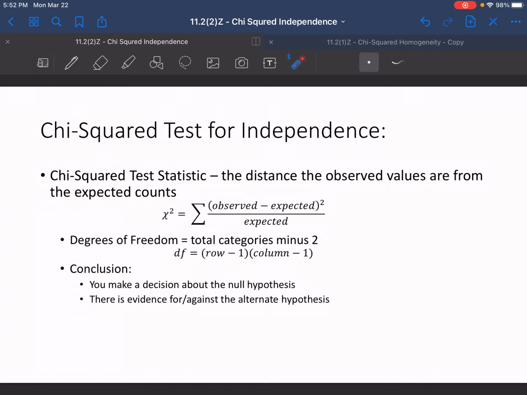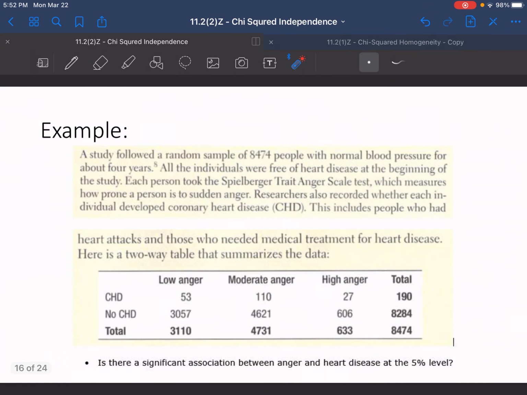Our degrees of freedom is another value that we need to find, and that's the row minus 1 times the column minus 1. That's going to give us our degrees of freedom. And then we need to conclude, or perform the last step. We need to make a decision about the null hypothesis, whether to reject it or fail to reject it. And then we need to give evidence for or against the alternate hypothesis in our conclusion.